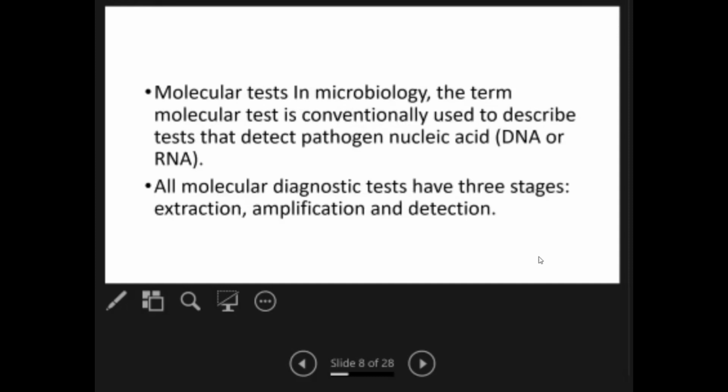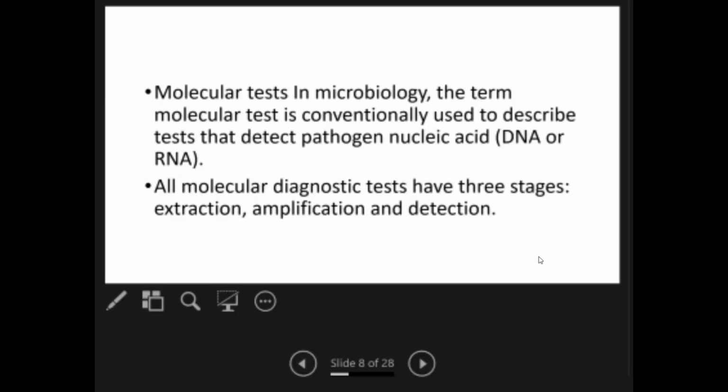So first we have to know what molecular tests are. In a very simple way, in microbiology, we use the term molecular test to describe a test that detects a pathogen's nucleic acids, DNA or RNA. And here the main point is this RNA or DNA. If you talk about tuberculosis, it is a DNA bacteria, so it has some specific areas which are specific only to that species.